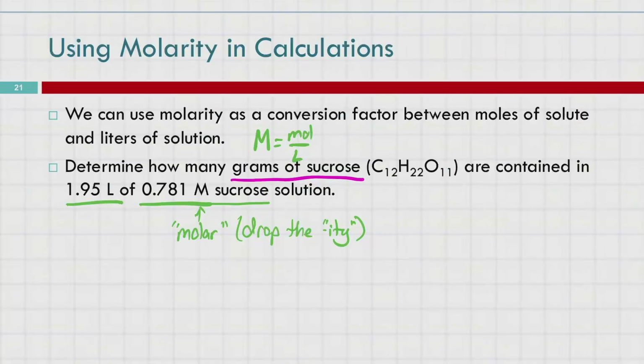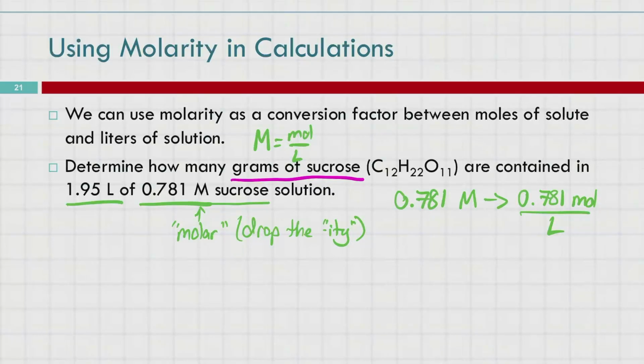So the trick, the key, the thing that I think is the easiest, the fastest to do is just go ahead and change that capital M into moles and then put liters on the bottom. So to do that transformation, 0.781 molar transforms magically through the power of algebra into 0.781 moles over 1 liter.